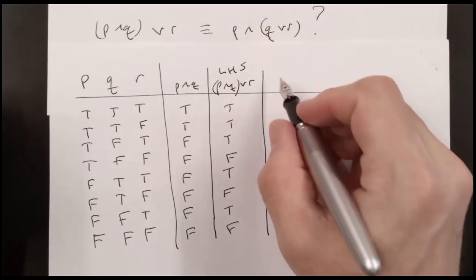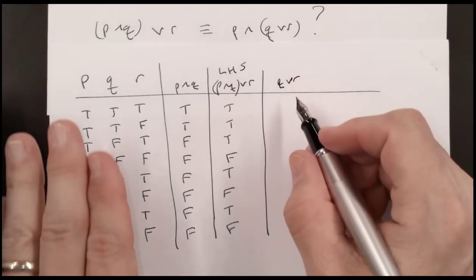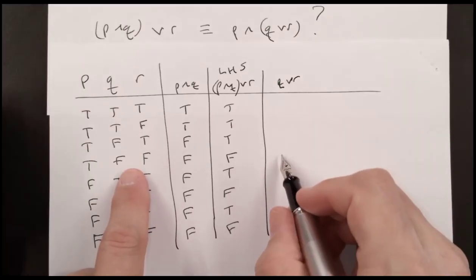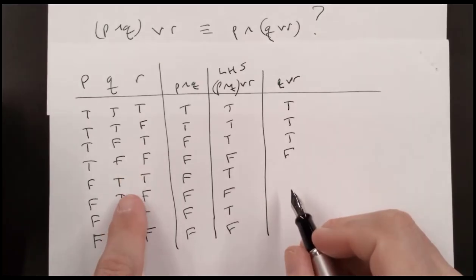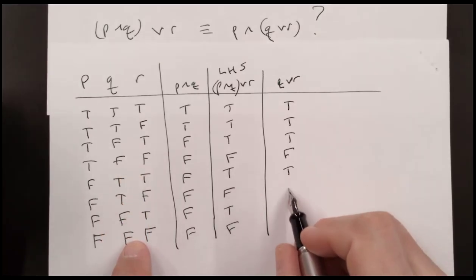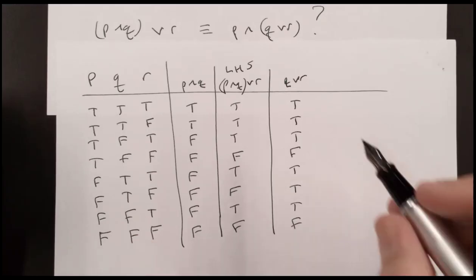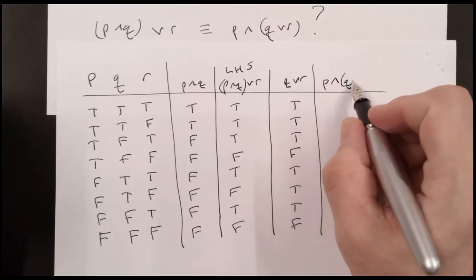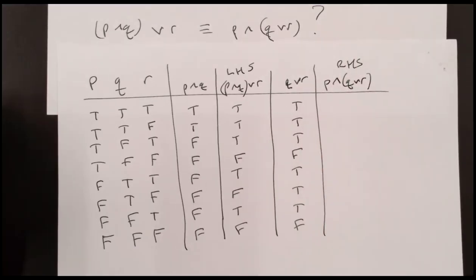Now I've got to do the right side. Right side means I start with Q or R. I don't need P. And again, or is false when both are false. Now do the right-hand side: P and Q or R. What do you get?